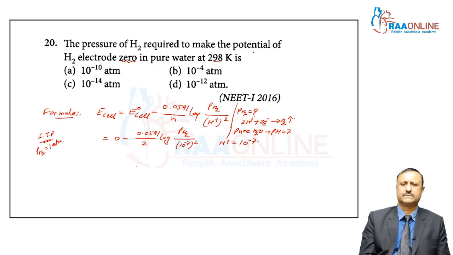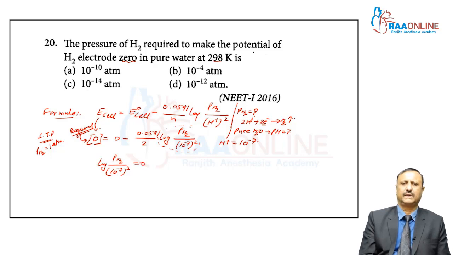So, my dear students, here he wants the E cell to be 0. E cell is 0 when log pH2 upon 10 to the power minus 7 whole square has a value of 0.